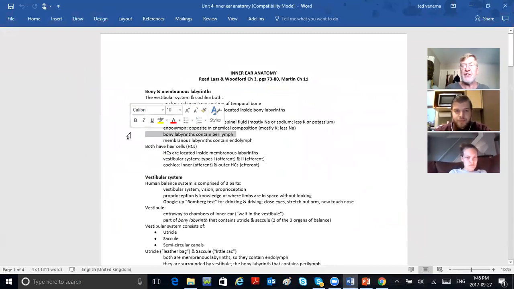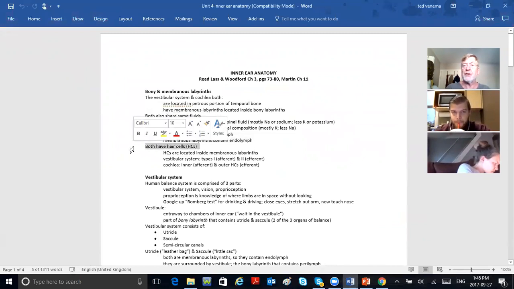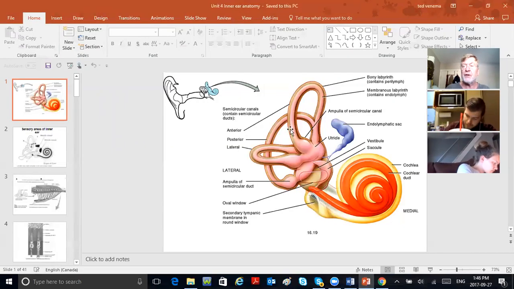Bony labyrinths contain perilymph, membranous labyrinths contain endolymph, and both the balance organs and the cochlea contain hair cells. Tiny little filaments. Hair cells. Okay?